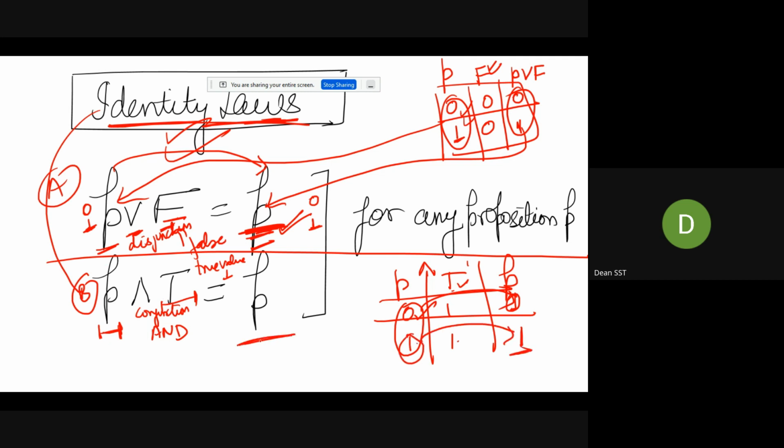So here the answer is P. So in the identity law, when a proposition is disjunction with the false value, the result is P. When conjunction is done of a proposition with the true value, the result is again P. That is why this law is known as the identity law.